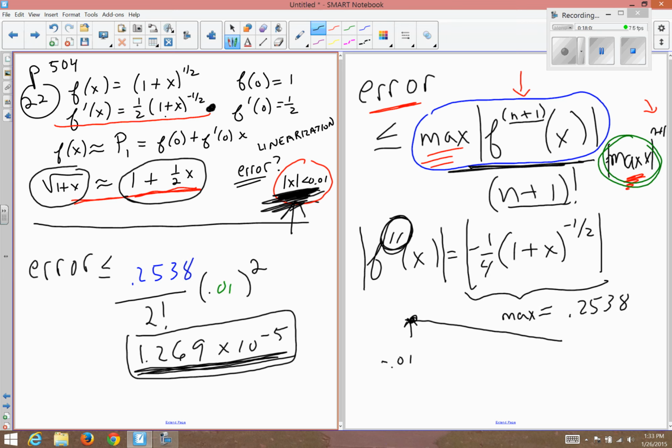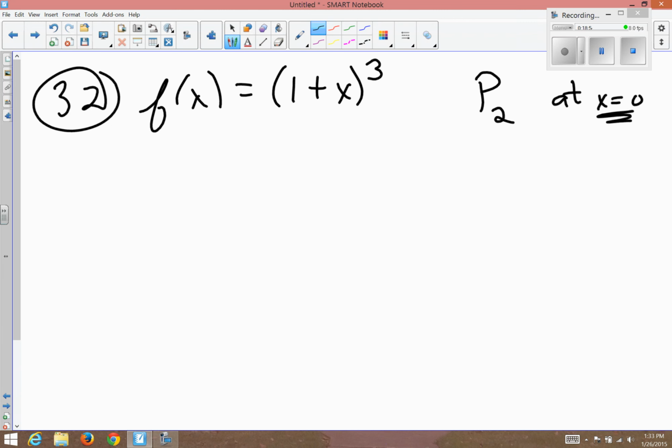Since it says Taylor polynomial at x equals 0, we could also say it's a Maclaurin polynomial, or part of a Maclaurin series. So first we'll do that, and then we'll read the rest of the directions. The derivative of this function is 3 times 1 plus x to the second times the derivative of what's in the parentheses.